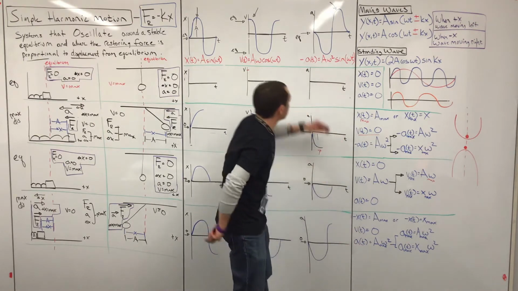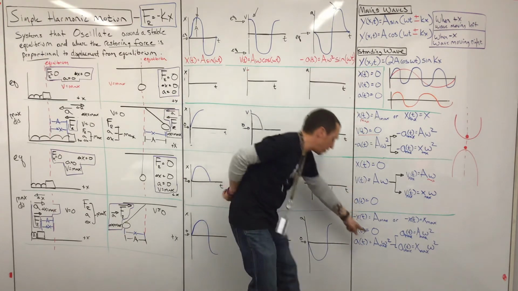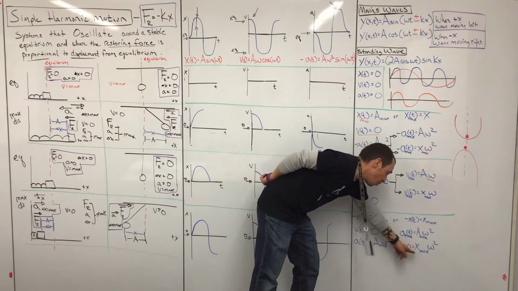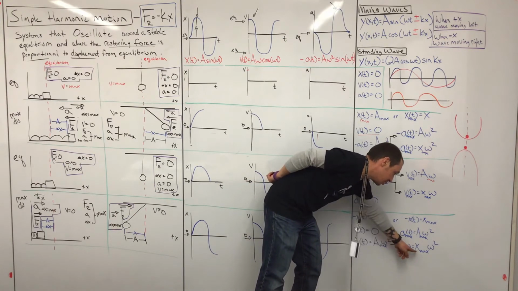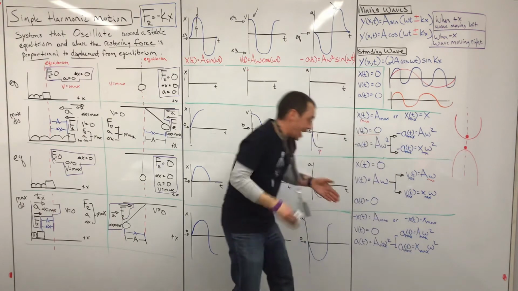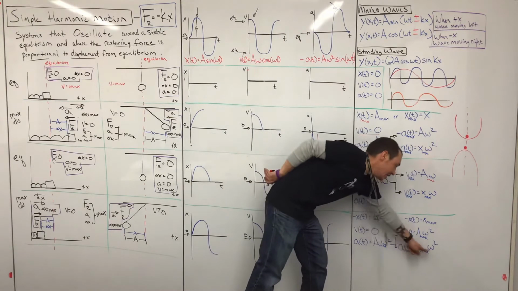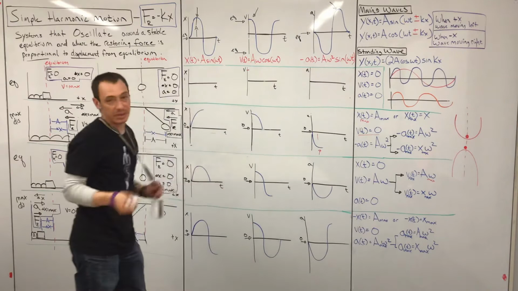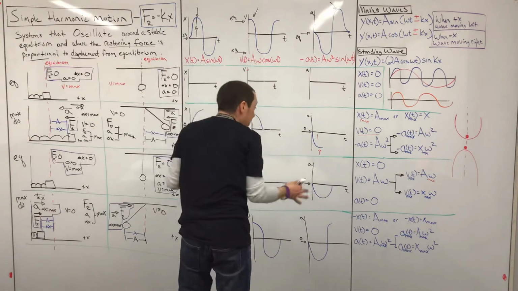We know when acceleration is max, this function drops off, and it's just amplitude times omega squared, or more importantly, the max acceleration furthest from equilibrium is going to be the max displacement from equilibrium times omega squared, right? There's two ways to write it, but they're all saying the same thing, all right? So study that, look at that.